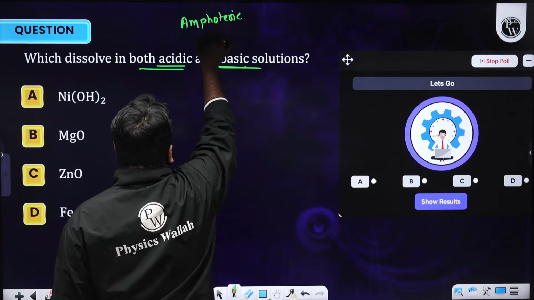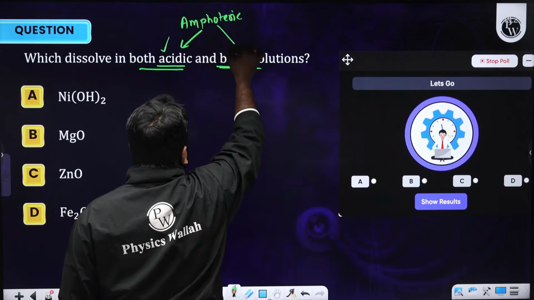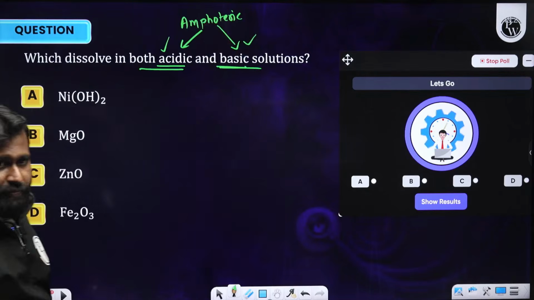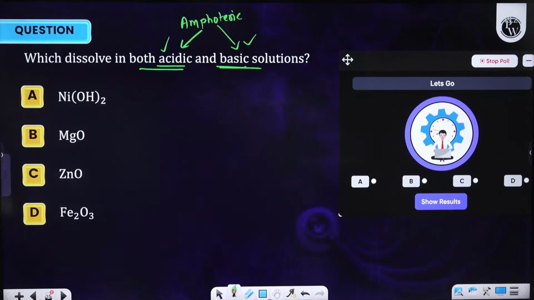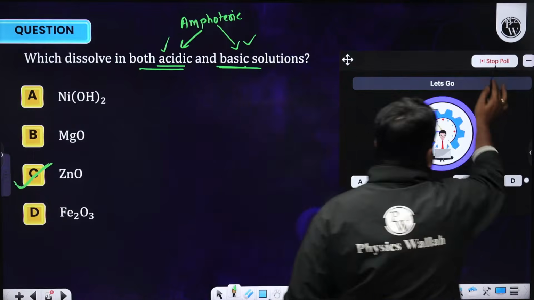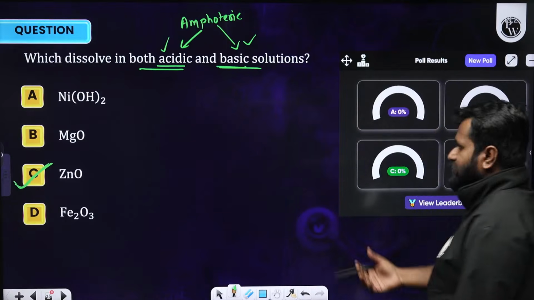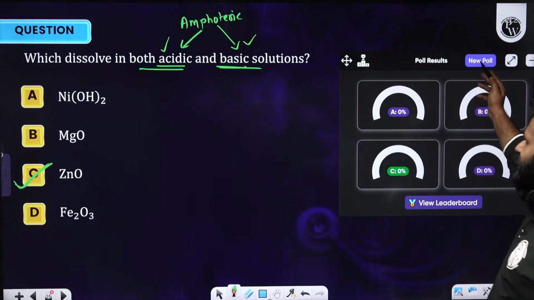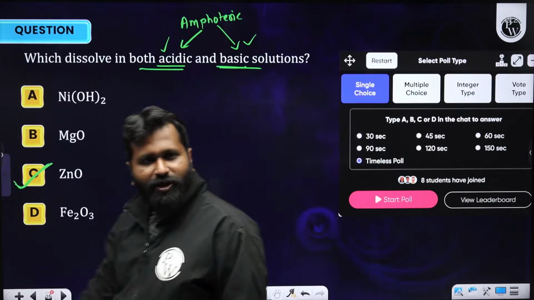If it is amphoteric, reaction with acid is possible and reaction with base is also possible. Out of the given options, which is amphoteric? We know very well ZnO is amphoteric. Option C is the right answer. Amphoteric behavior.